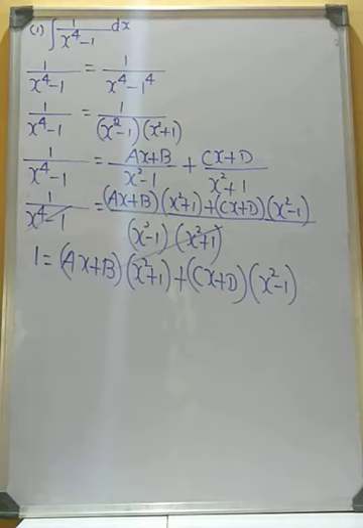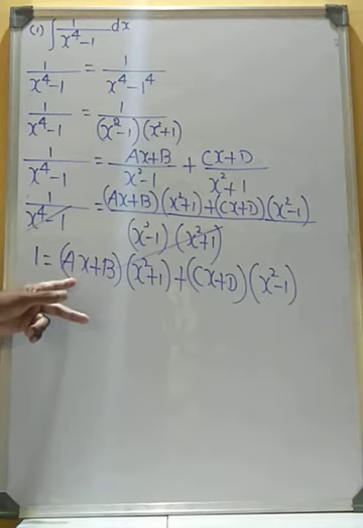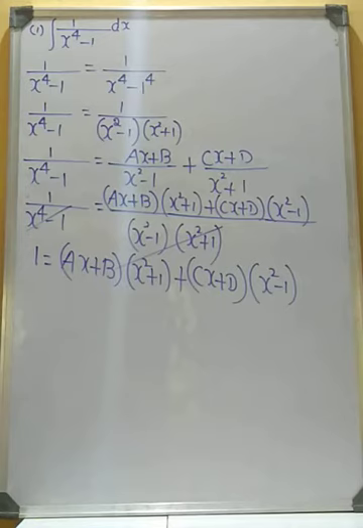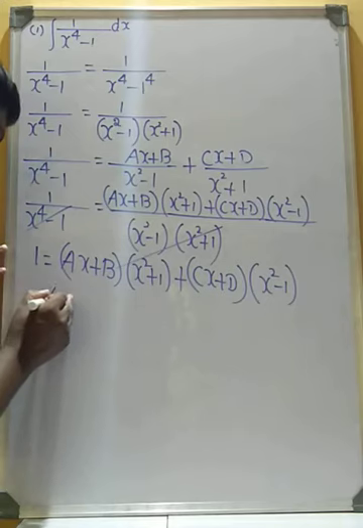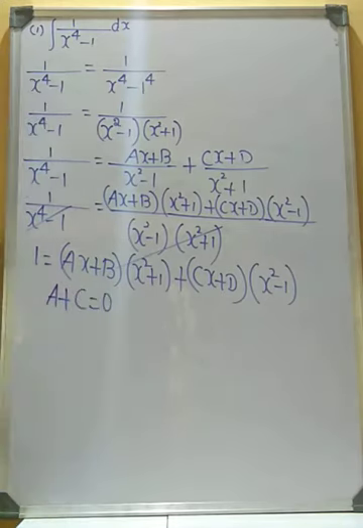Now equate the coefficients of x cube, x square, x and the constant term from both sides. First, equating the coefficient of x cube, we get a plus c equal to 0.